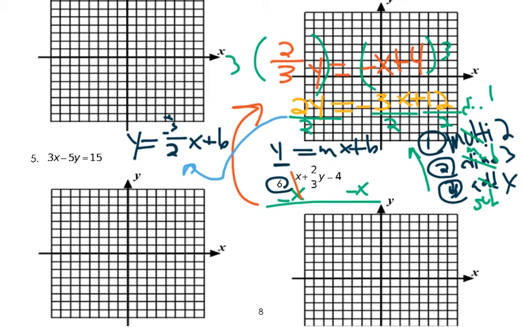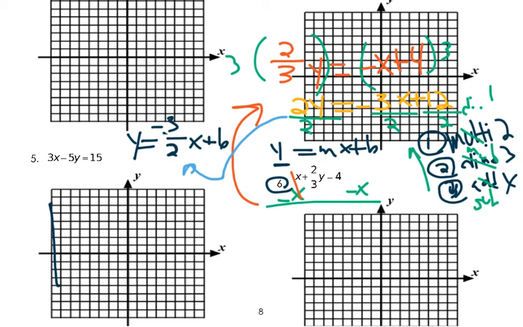That is now my equation in y equals mx plus b form. That's a 3. Let me just make this nicer. Okay. And now I'm going to graph.